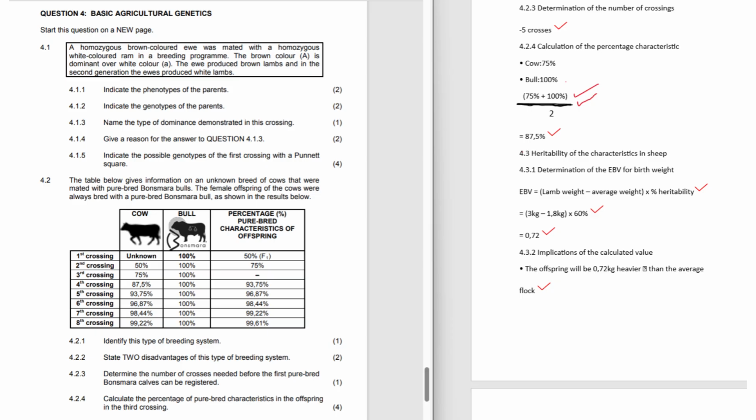So we're going to take the percentage of the cow, which is 75%, then we're going to add it to the percentage of the bull, which is 100%. Then we're going to divide it by 2, because we have 2 animals. Step number 2, then we'll get the answer from that, 75 plus 100 divided by 2 is going to give us what?